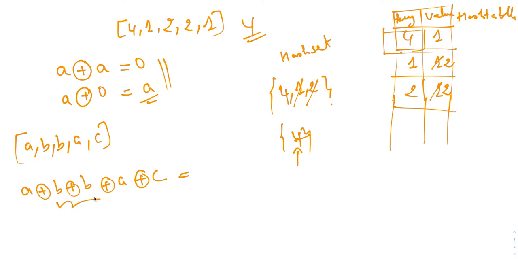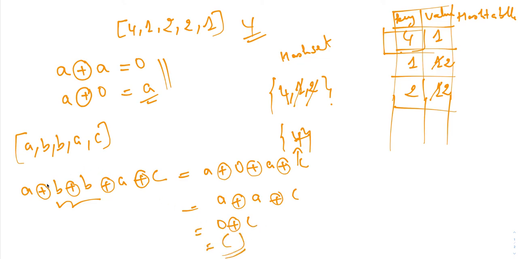B XOR B is 0. So we will have A XOR 0 XOR A XOR C, okay? A XOR 0 is A, so A XOR A XOR C. A XOR A is 0, XOR C, 0 XOR C is C.